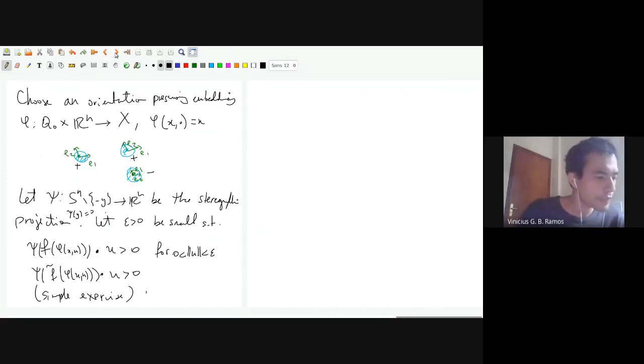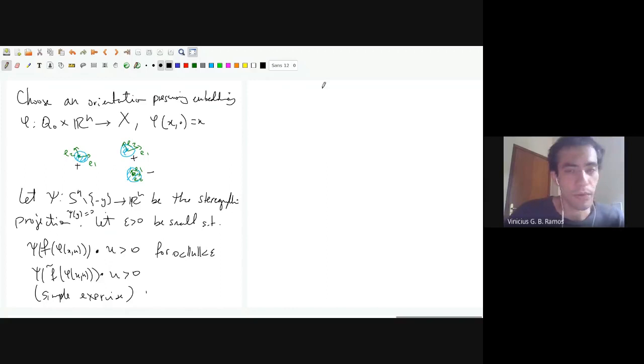Okay. So the reason I'm doing this is because now I want to do a homotopy. I want to write down the homotopy explicitly from f to f tilde. And I just want to make sure that I stay within this tubular neighborhood.